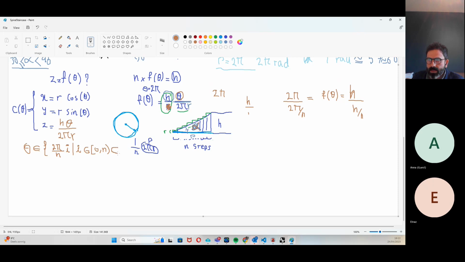And this whole thing is a subset of the natural numbers. Okay? So this is going to be the function that I'm going to code.